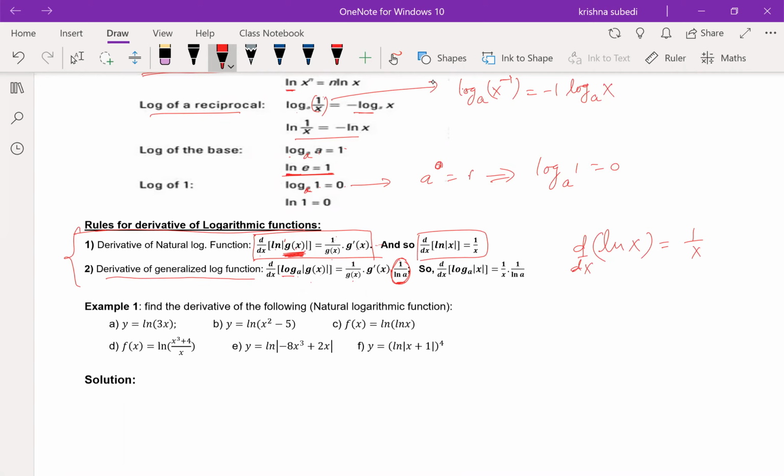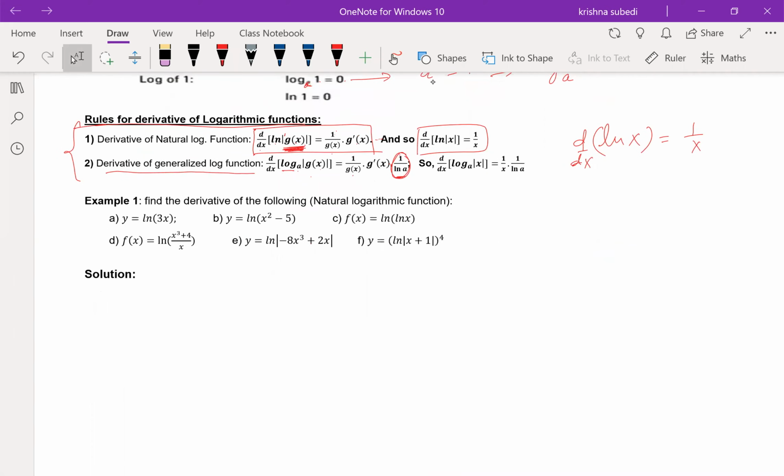And using this formula, we'll be solving these questions now. Let's look at example 1. Find the derivative of the following. In this case, we'll focus our attention on natural logarithmic functions only. And example 2, generalized. So part A, y equals ln 3x.